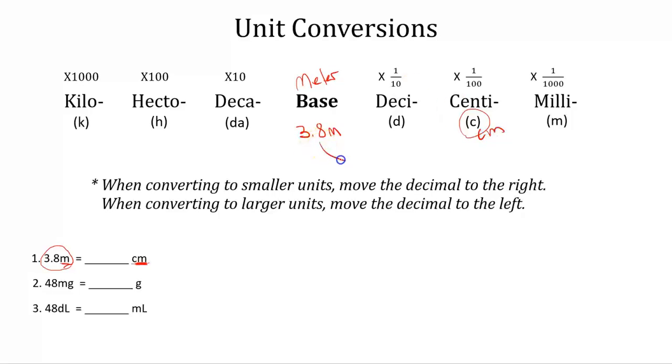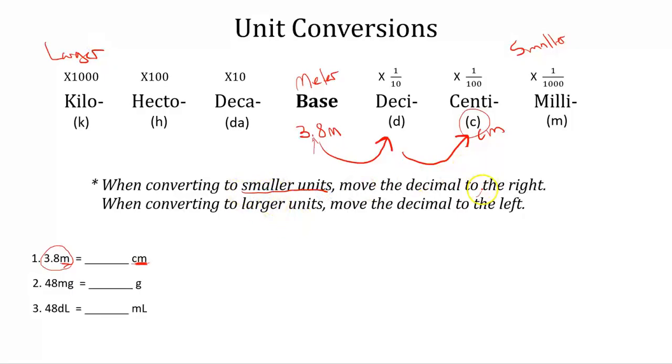Well, I'm going 1, 2 places. So I'd have to take this decimal right here and move it 2 places. And the question would be, do I move it to the right or to the left? These units are smaller over here, and these units over here are larger. So I would be going to a smaller unit.